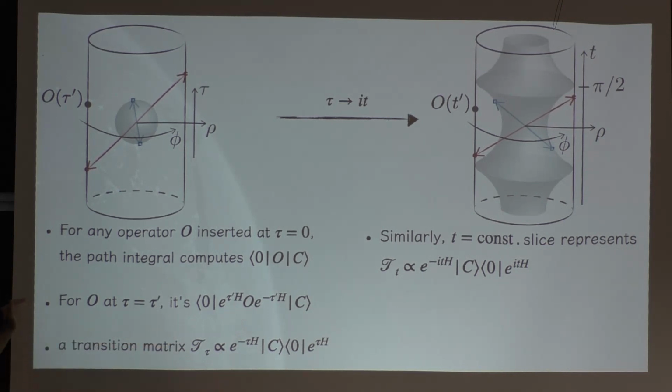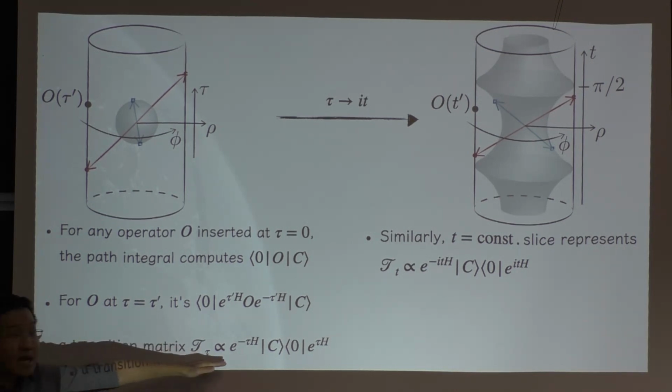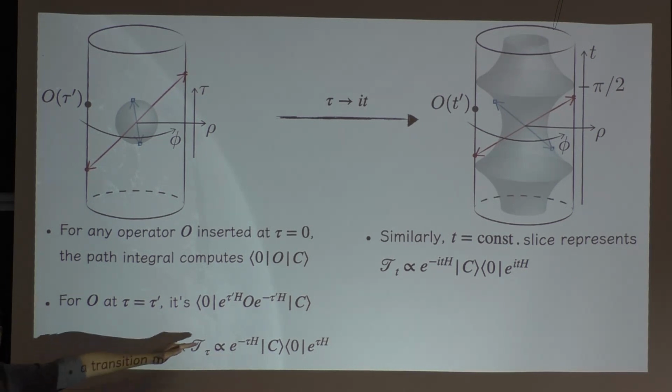Because this is true for any operator we insert in this path integral, a fixed Euclidean time slice is described by this kind of matrix, which we would like to call a transition matrix because it has a different bra and ket.